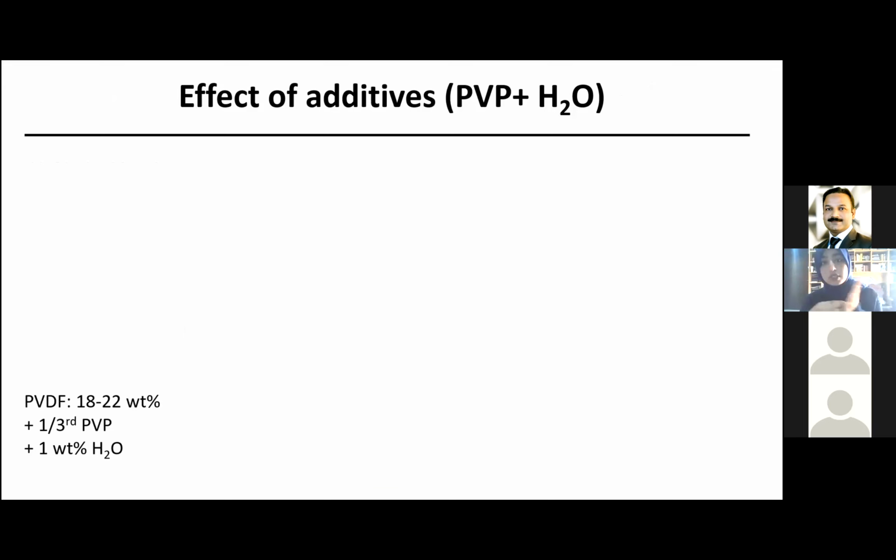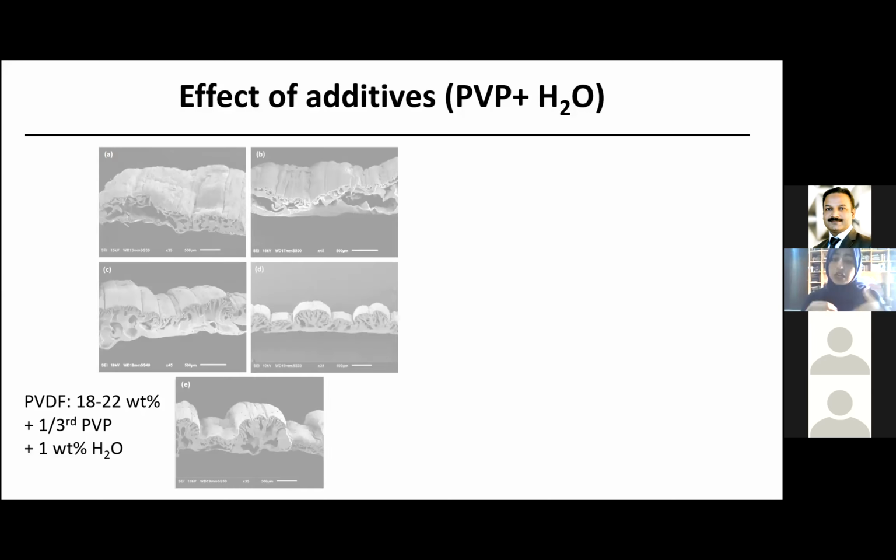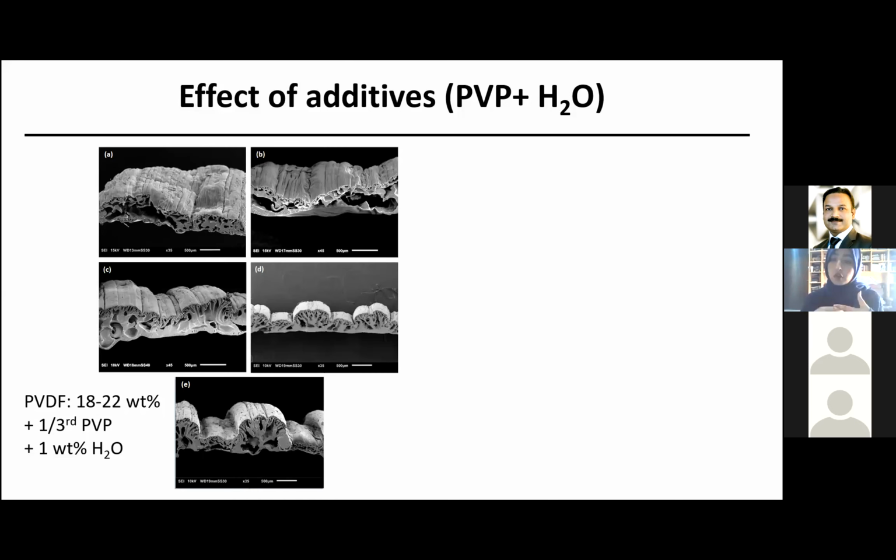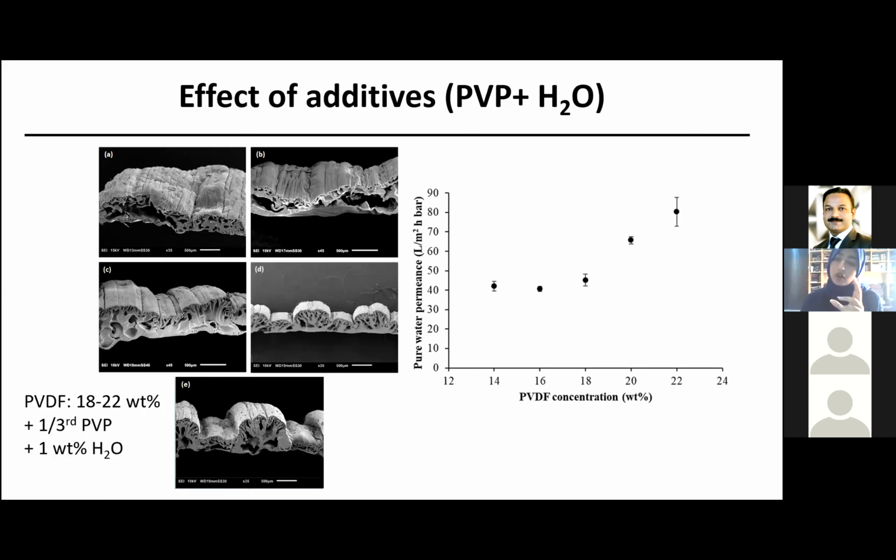Addition of these to the solvent resulted in patterning of these membranes for higher PVDF concentrations, which was also reflected in their performance, where the permeance increased for higher polymer content, while the opposite would have happened if it was a conventional process, where permeance decreases with increasing polymer concentration.